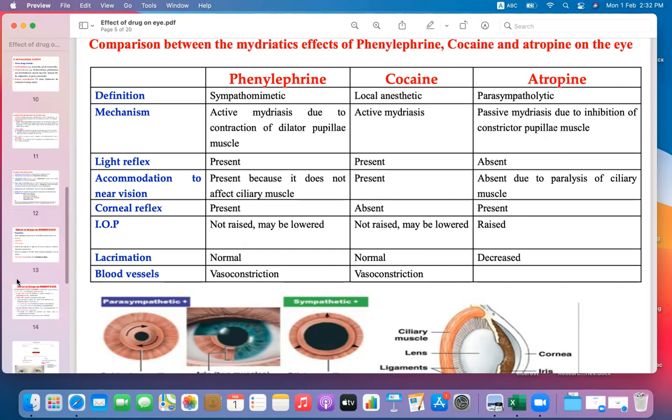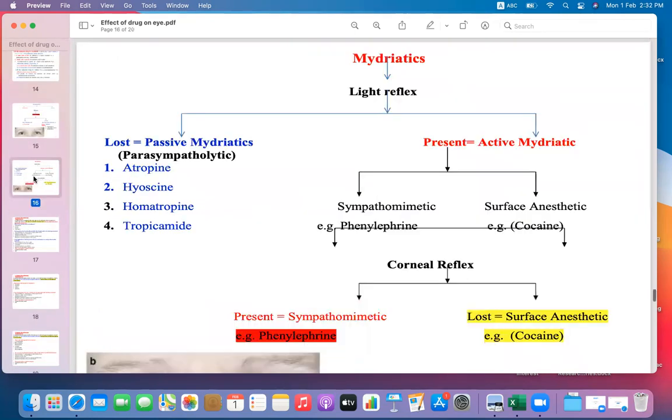So let us see the example. Suppose it is a mydriatic, and we look at the light reflex. The light reflex is absent in passive mydriasis, as we discussed.